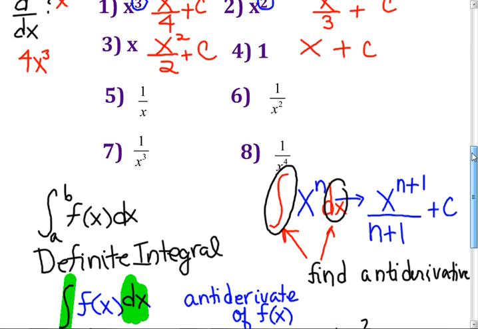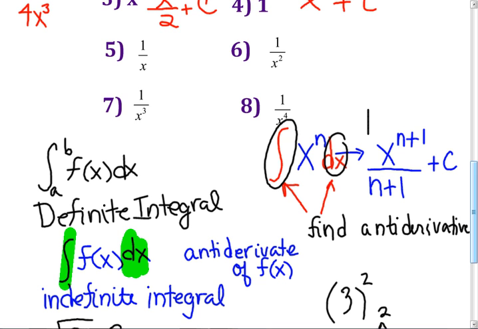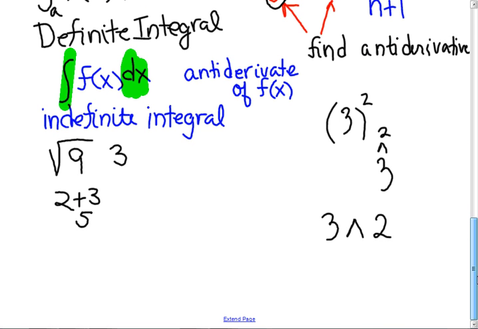Okay. Now, this is called the power rule. If I write slow, it won't do this. My smart board's having issues today. That's an integral. An integral is an antiderivative. That's the integral symbol. This is an indefinite integral.